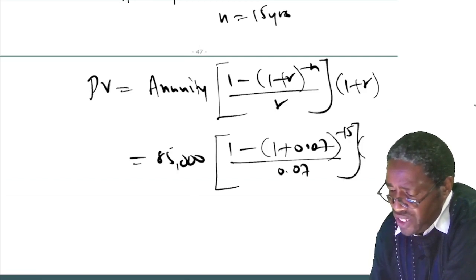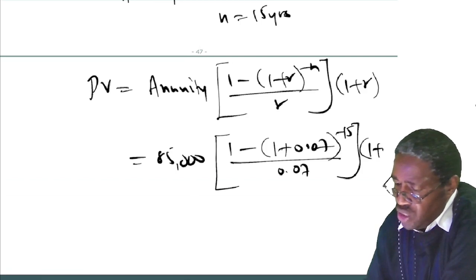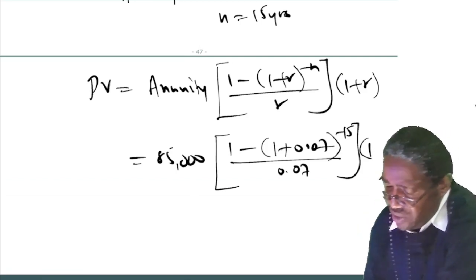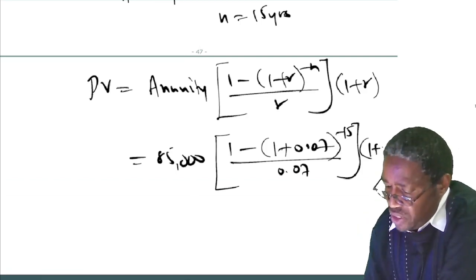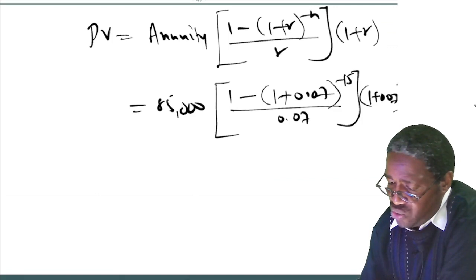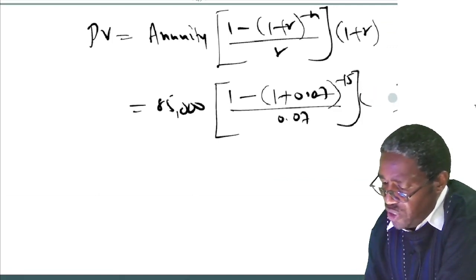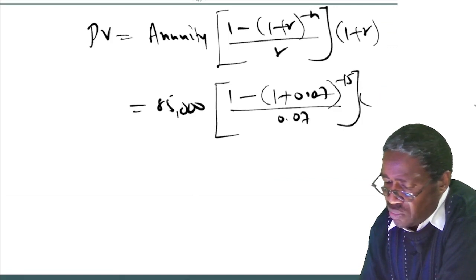Then whatever I get, I multiply by 1 plus 0.07. This will be 1 plus 0.07.